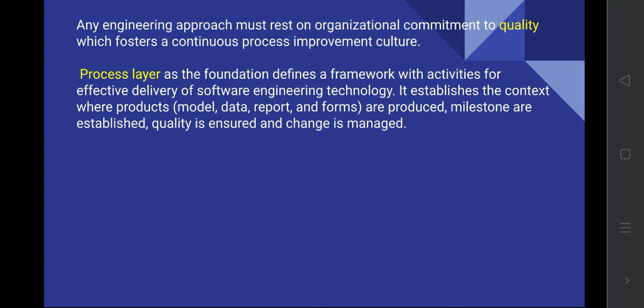Milestones are the intermediate steps where we check how far we have reached toward our goal, and the quality is ensured. Every time you reach a milestone, we are supposed to check the quality of the product we have achieved, and also how the changes are managed. If the milestone is not reached properly, how can changes be made in order to achieve the goal? All these things comprise the framework of the process layer.